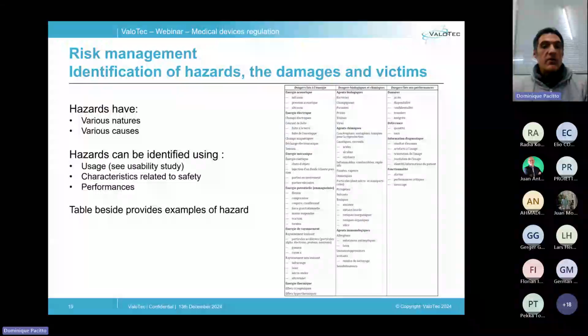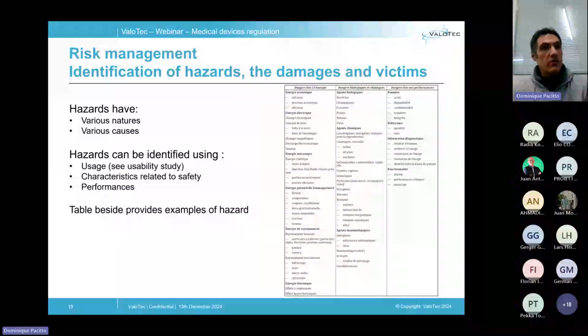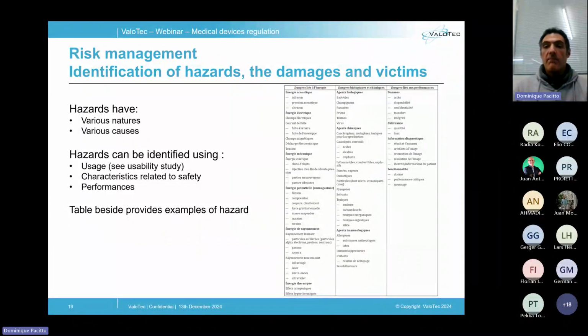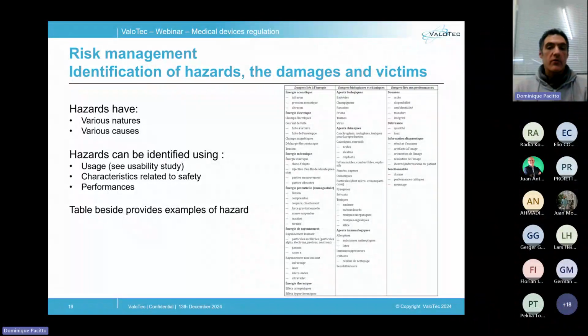First, the identification of the hazard, damages, and victims. It is understood that hazards have various natures and causes, which are more or less obvious to identify. This is the reason why this activity is performed and reviewed in committee. That said, the fact that the manufacturer has to apply a multitude of standards to meet the requirements of the regulation helps in this identification of the hazard.